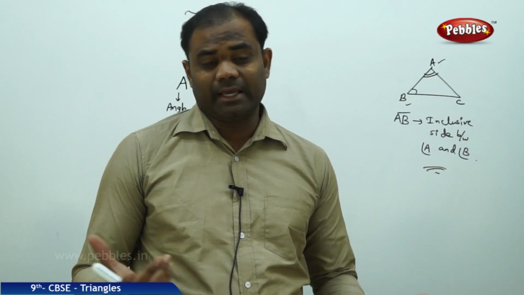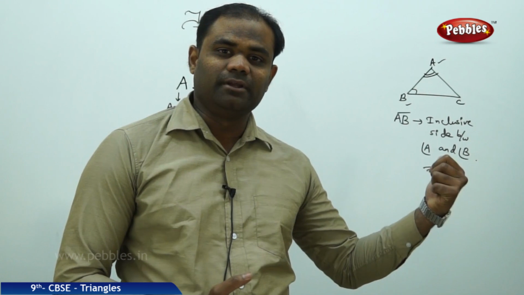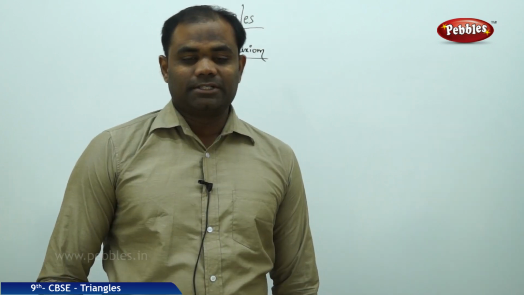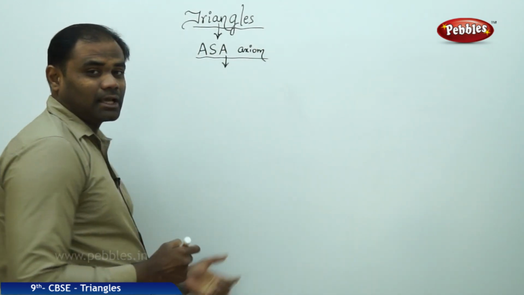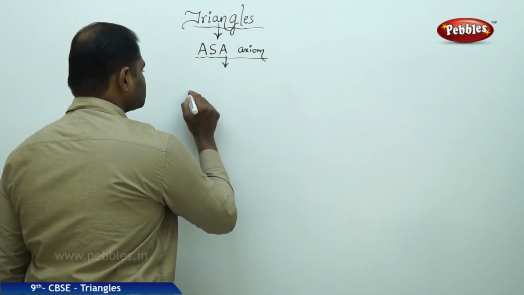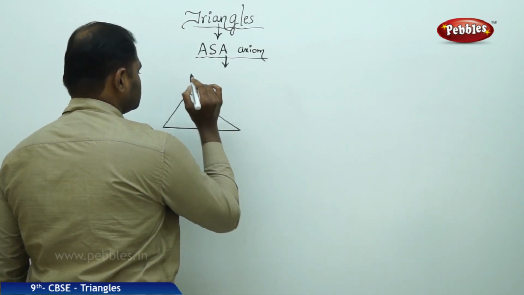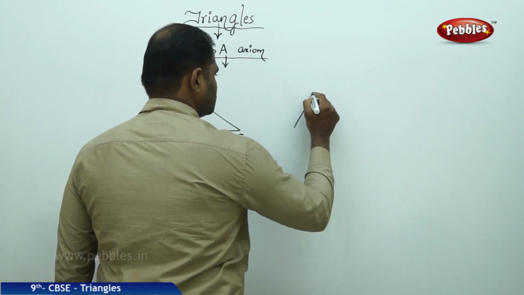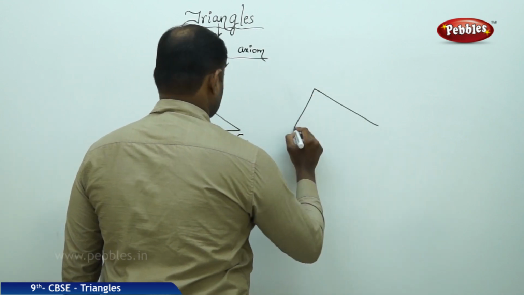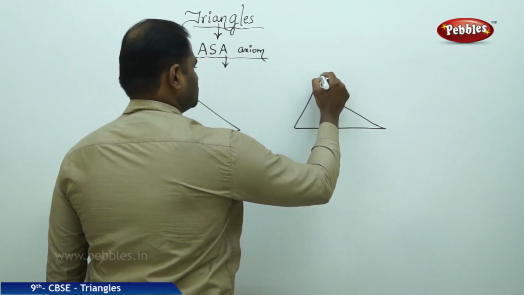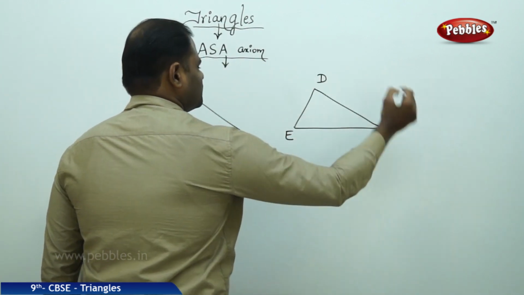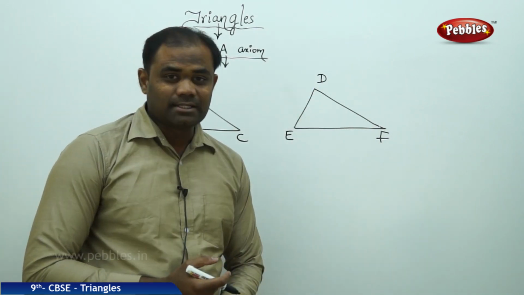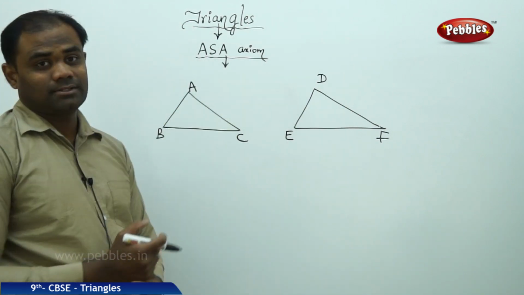So what does ASA axiom define? Let's see in brief through the two triangles connected with ASA rule. So let's take two triangles, triangle ABC and triangle DEF. Now let's see the congruency through ASA axiom.